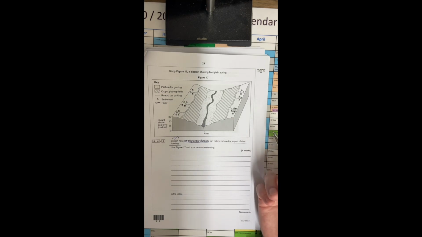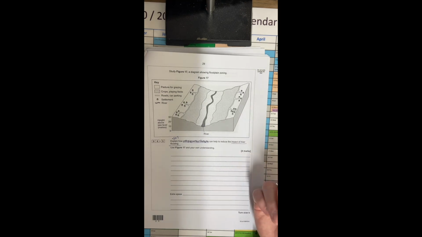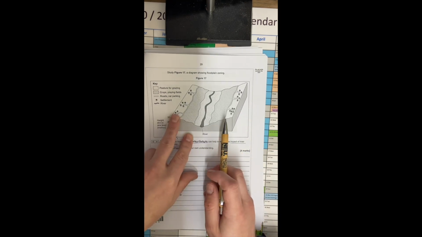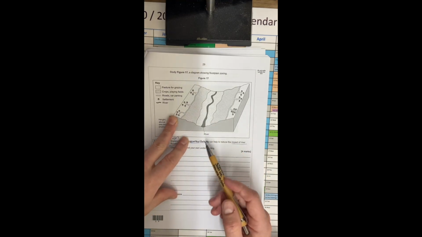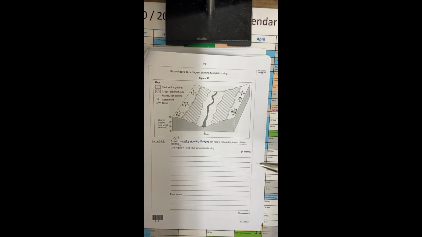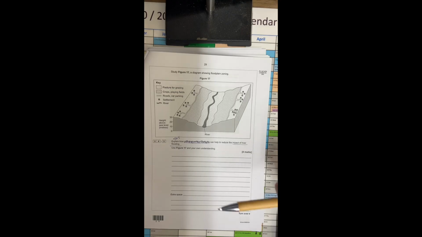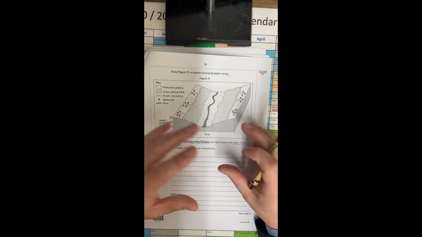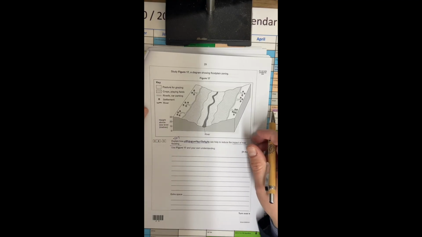Even if you didn't know that was called floodplain zoning, you could say, well, they built the houses a long way away from the river. This means that if the river flooded, there would be less economic damage. This means that the natural environment has not been damaged. They've worked with the environment.